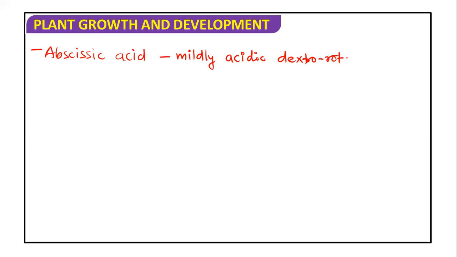If we talk about abscisic acid, it is considered mildly acidic, dextrorotatory, cis, sesquiterpene growth hormone.